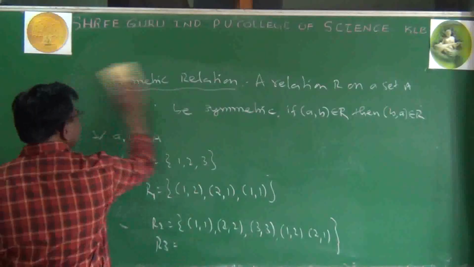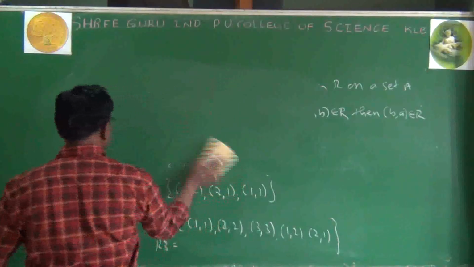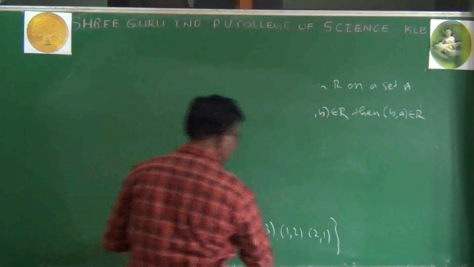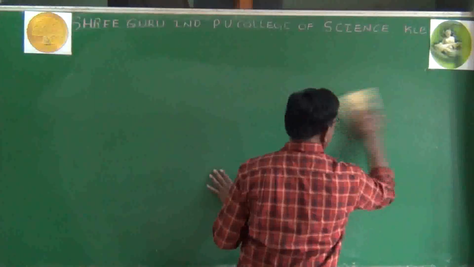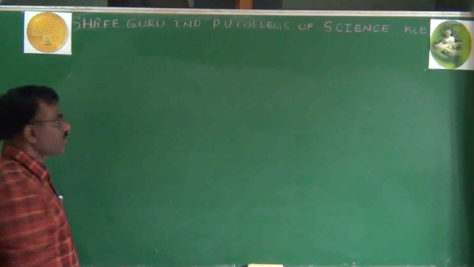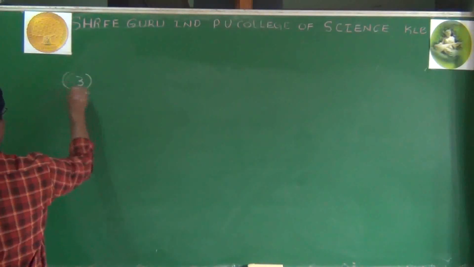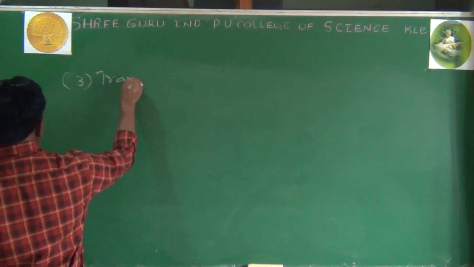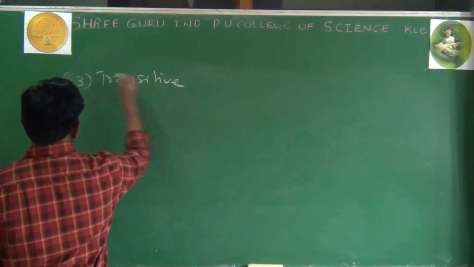Then the third type. I told you many types of relations, and now I have explained two definitions. The third one is the transitive relation.